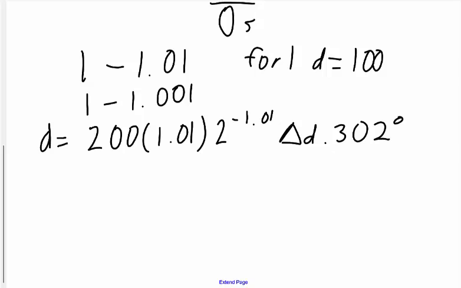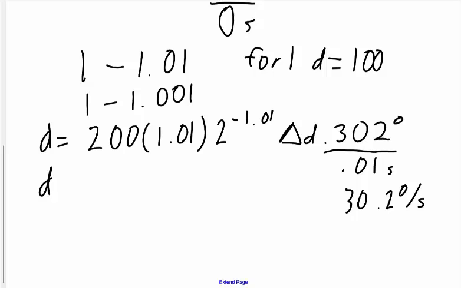So 3.302 degrees in 0.01 seconds. Or we could say 30.2 degrees per second. Okay, what about 0.001 second?